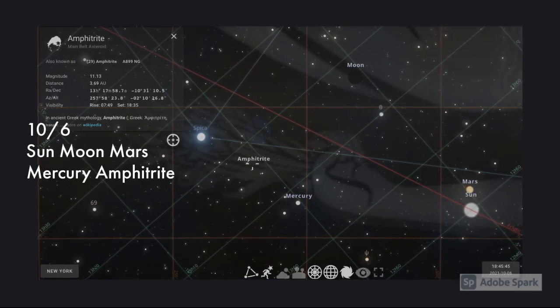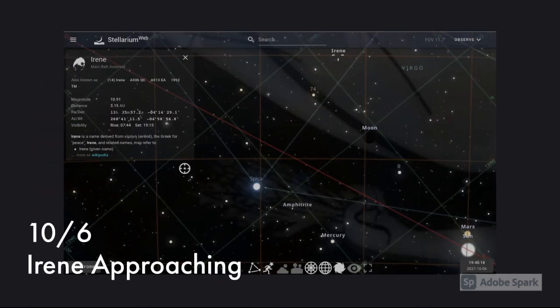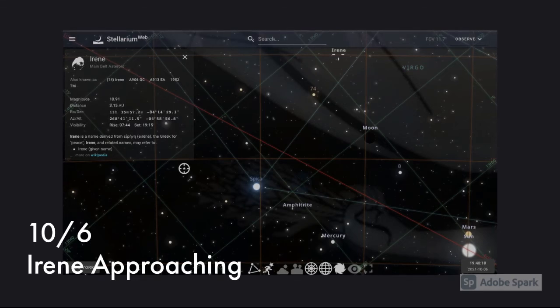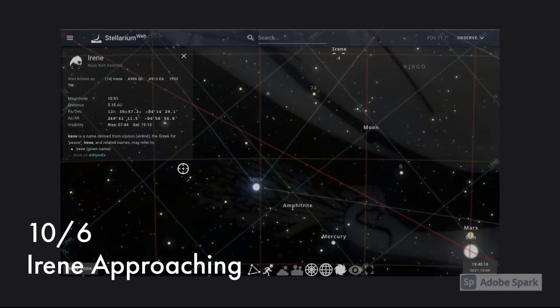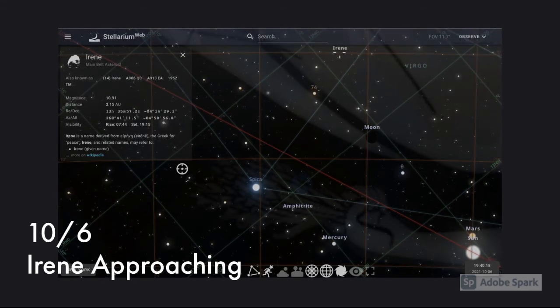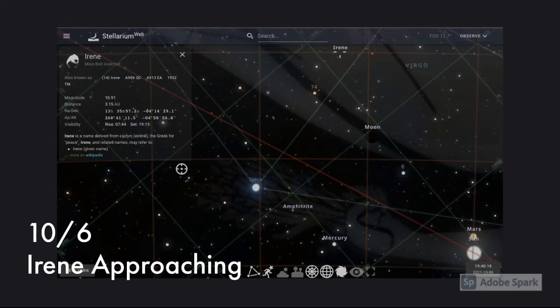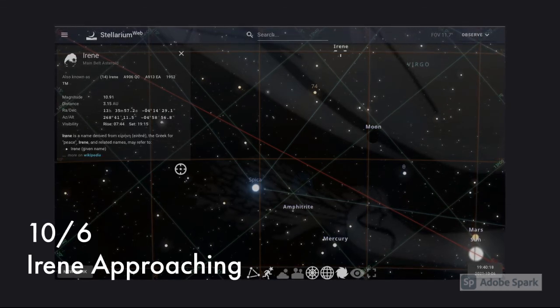Actually, it's forming a pentagon, a triangle with all the planets and sun, so different triangles. Then on top of that, Irene is another asteroid belt coming down, getting close to sun and planets here in Virgo.